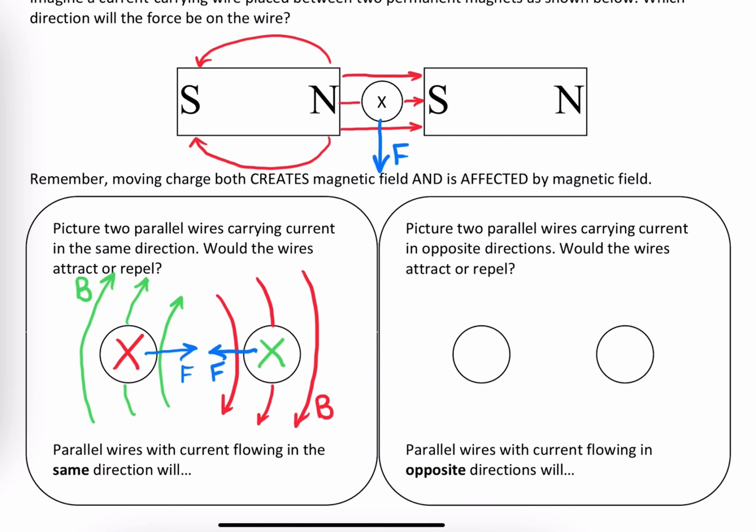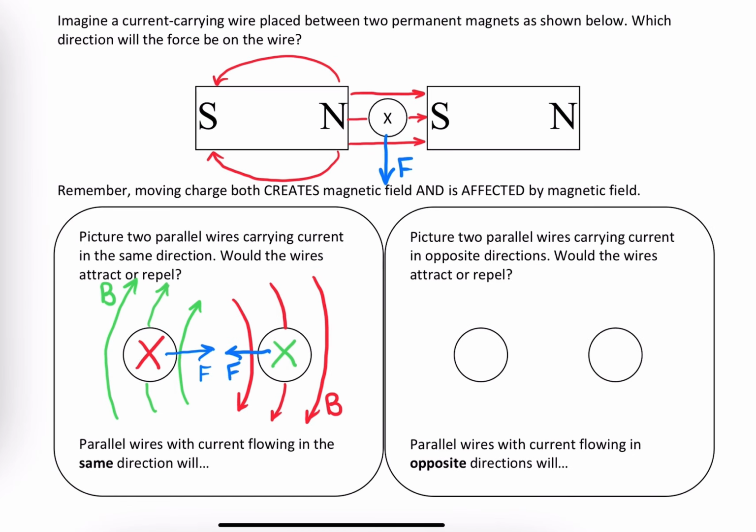What you really want to do is actually do these actions with me as I'm saying them out loud. Get your right hand in front of you and try to reproduce this. So, this seems to tell us that when I have two parallel wires carrying current in the same direction, they will attract each other. Notice how each one feels a force towards the other one.